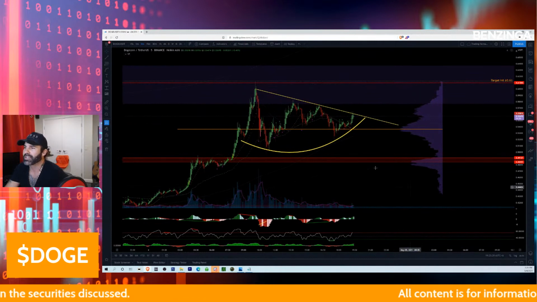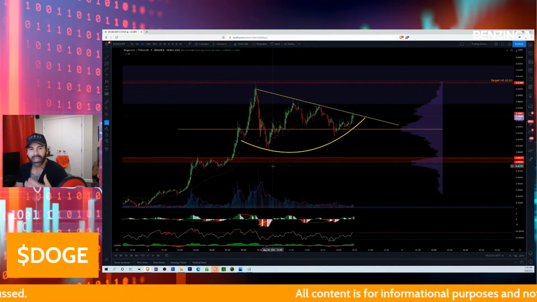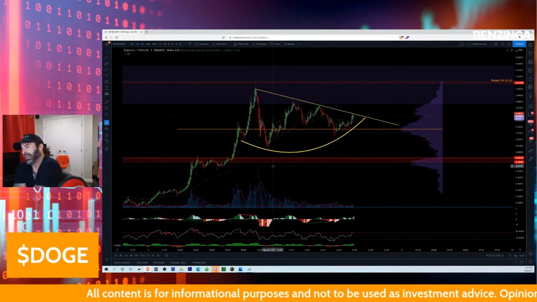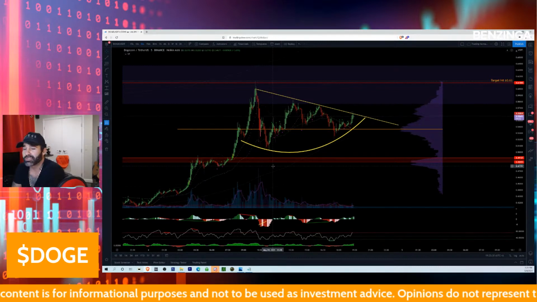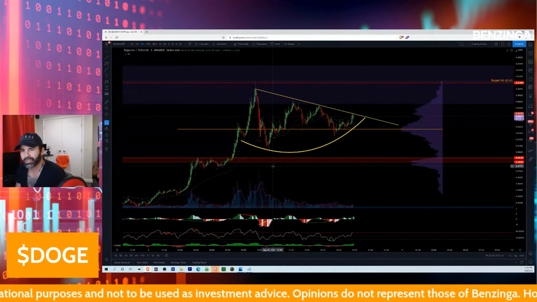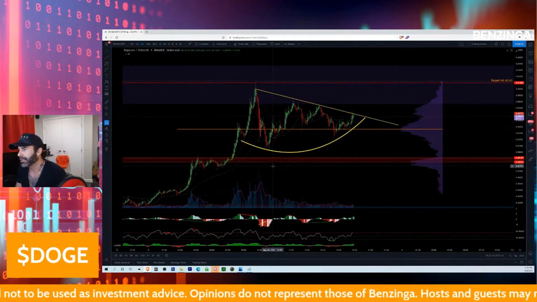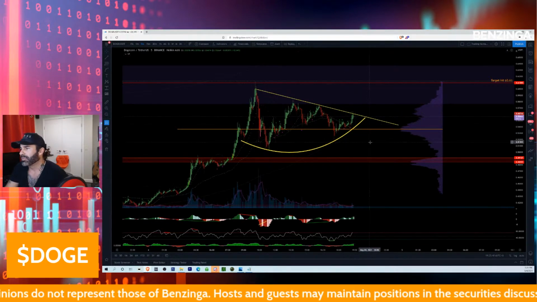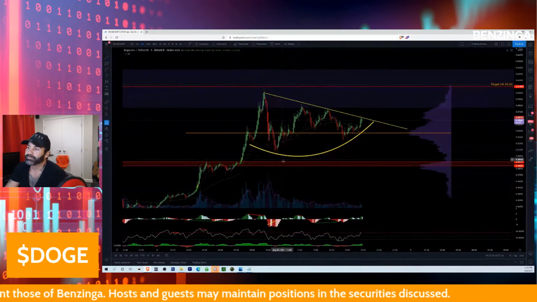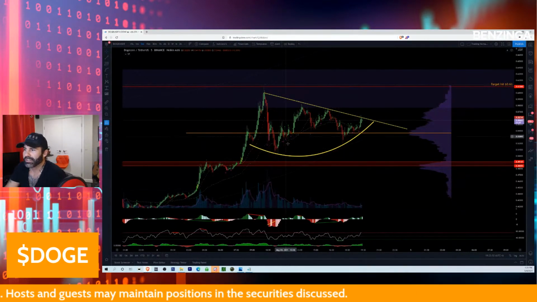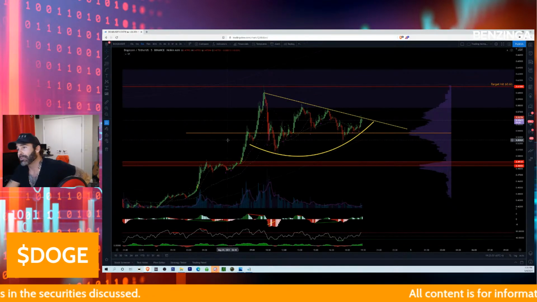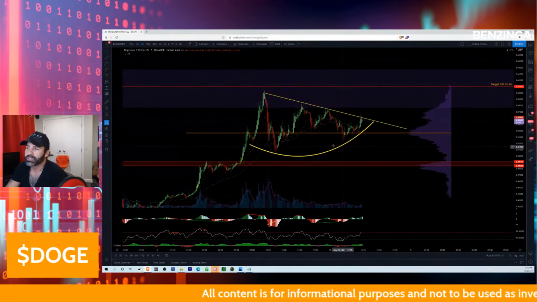You do have some assets that are starting to lose that magnetism. They're starting to, for lack of better words, think on their own a little bit. They're starting to gain strength outside of the meta. And Doge has been one of those. Some people have actually looked at the correlation between when Bitcoin was selling off, when we were above 60,000, I forget what the exact all-time high was, but you could see a correlation.